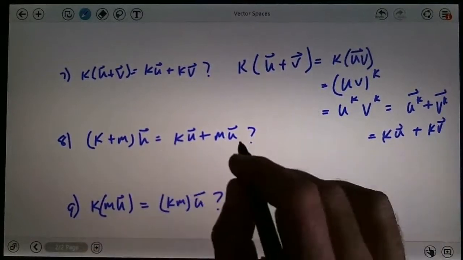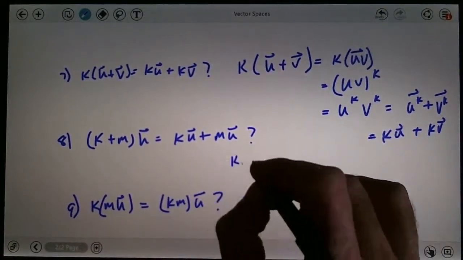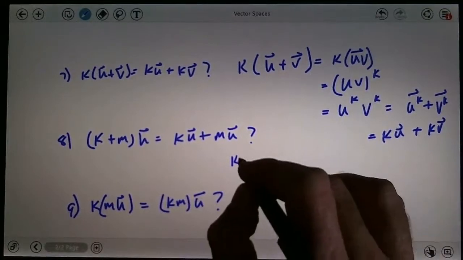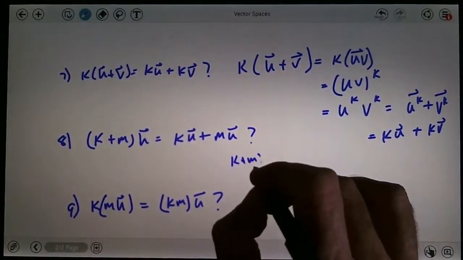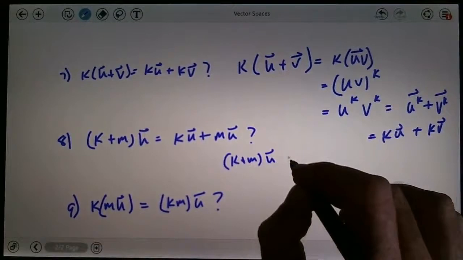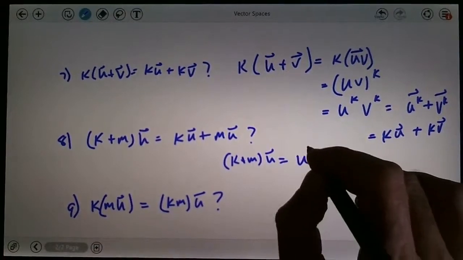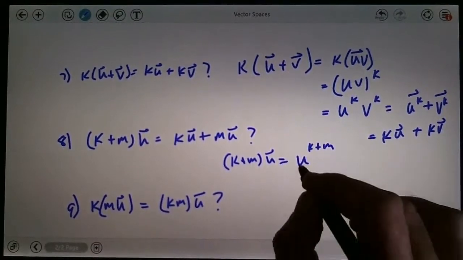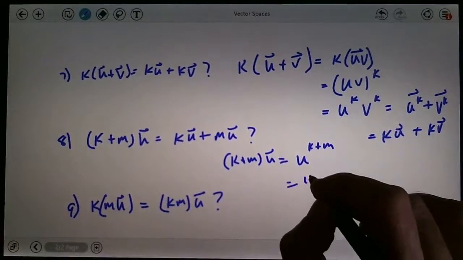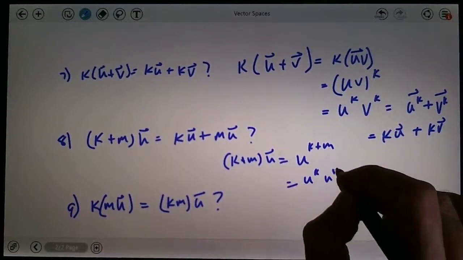Likewise here, if I've got k plus m times the vector u, by definition, that's u to the k plus m, but we know how real numbers work. That's u to the k times u to the m.